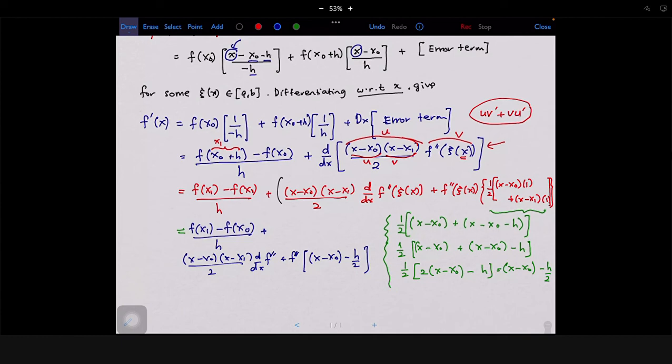Alright, in this case, let's say when x is equal to x naught.